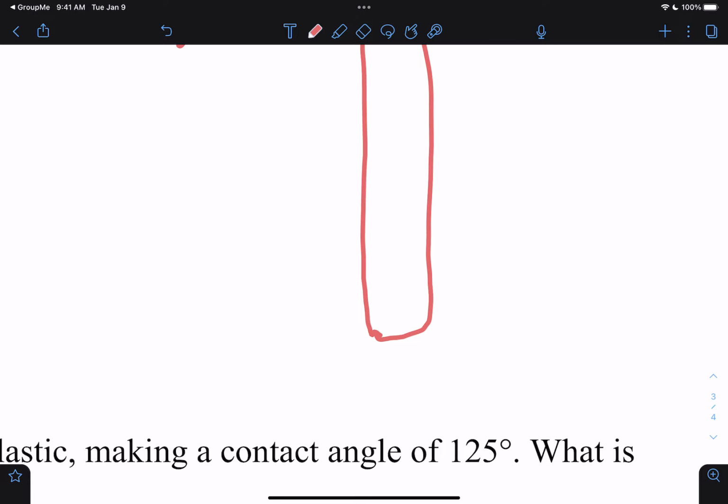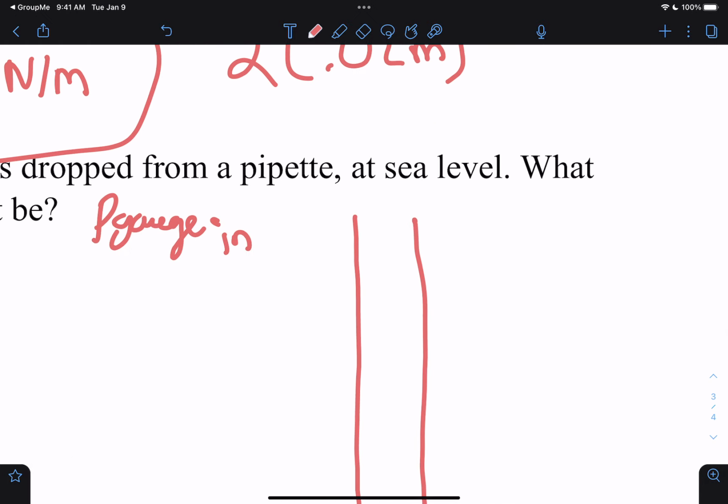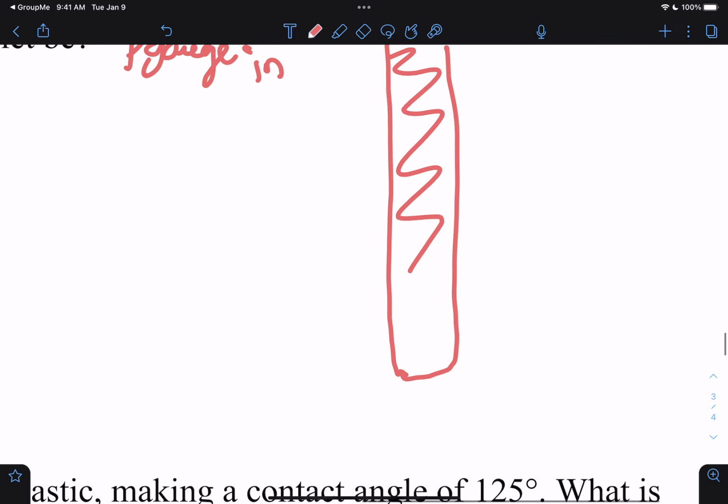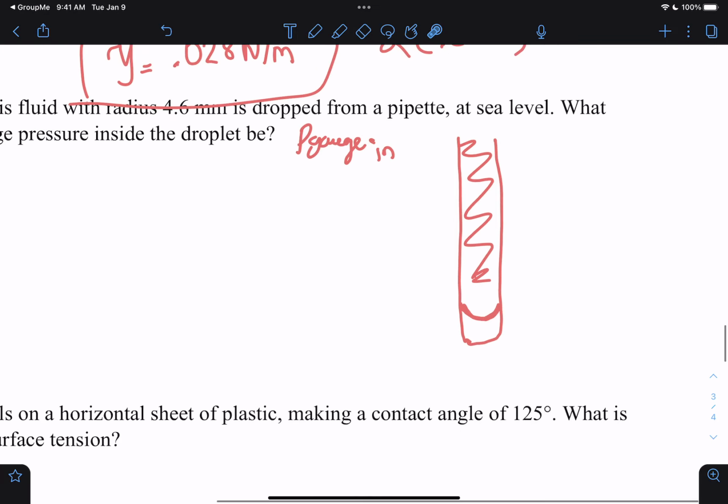So basically, if the fluid is filled up all the way here, and we're dropping it here at the bottom, we can think about this as the fluid level here, and then anything down here will just fall through the pipette and into the water, right?